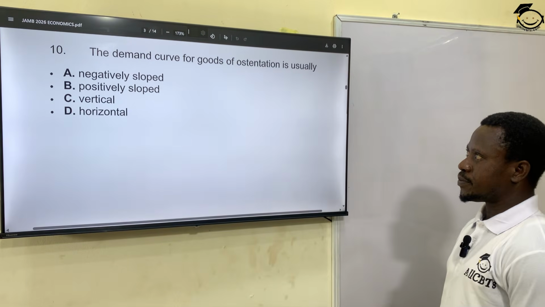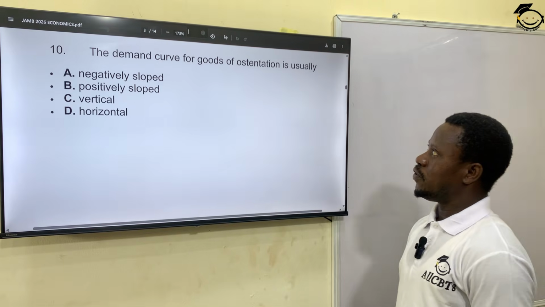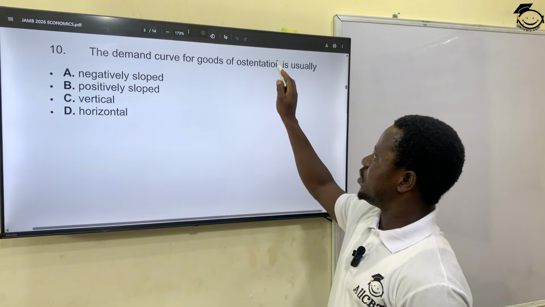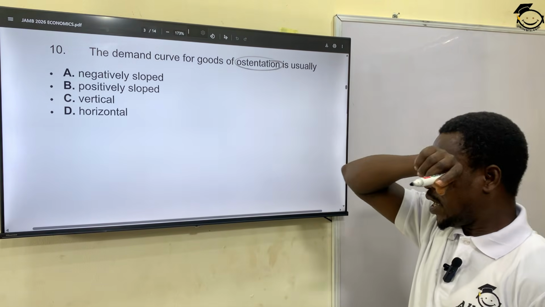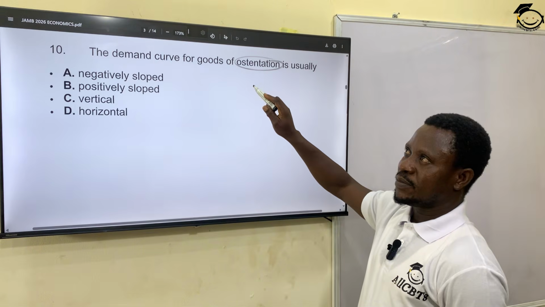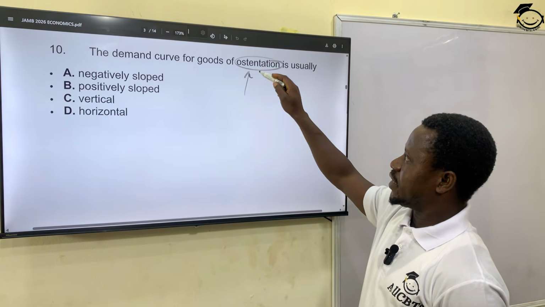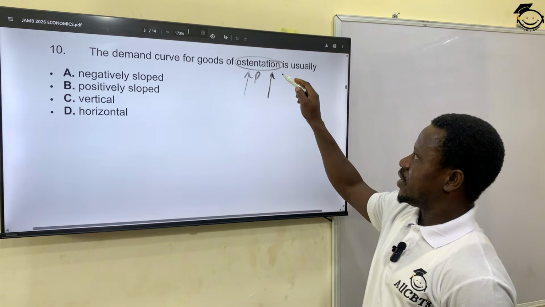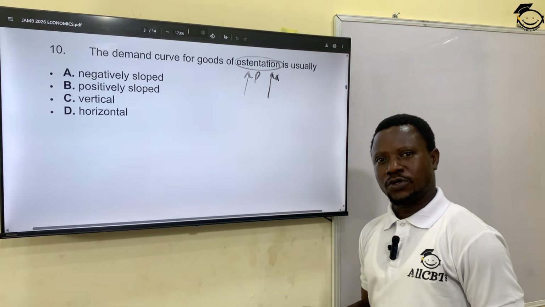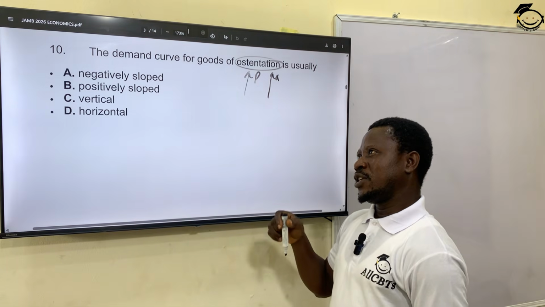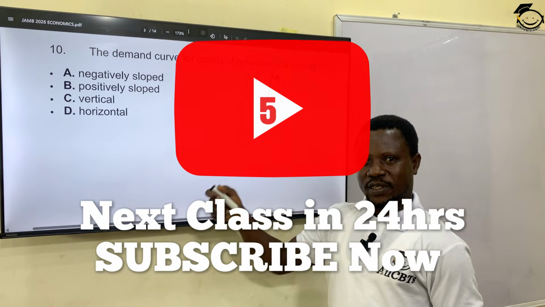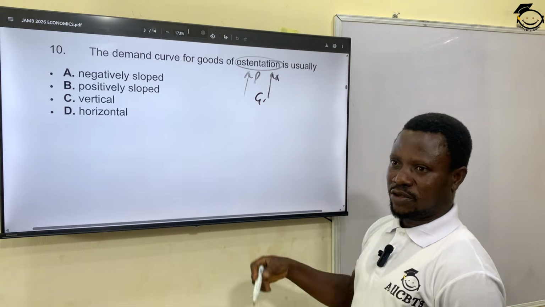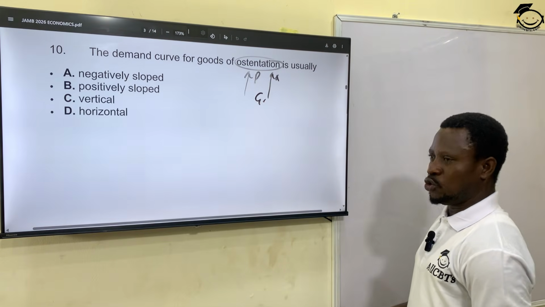The demand curve for goods of ostentatious. When we say ostentatious, we mean goods that are purchased more at a higher price. In other words, the higher the price, the greater the demand. Why? Because consumers believe that the more expensive the product is, the more quality it has. I'm talking about gold, silver, and jewelries.